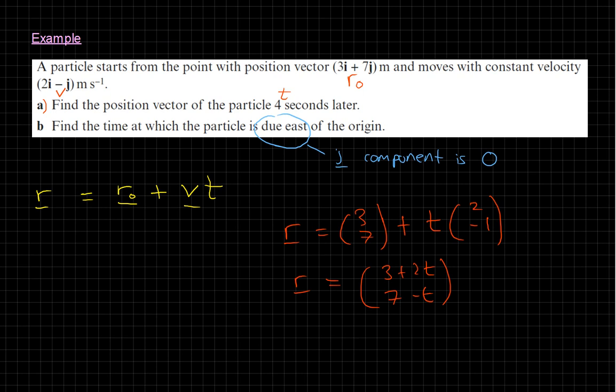So when is this equal to 0? Well, it's when t equals 7. And that's it, that's answered the question. When t equals 7, that is when the particle is due east. So it's not too difficult in that sense. Cool.